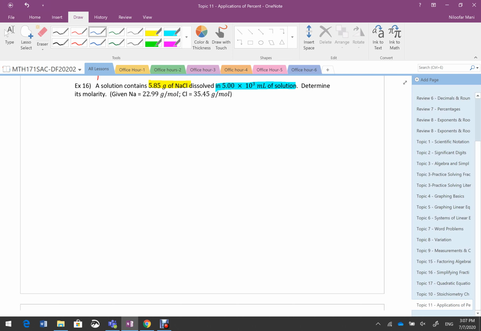How can I go to molarity? I need mole per liter. So for top, I go from gram to mole. For bottom, I go from milliliter to liter. How should I do that? For top, I use molar mass. For bottom, I use the conversion factor table that I knew from milliliter to liter.